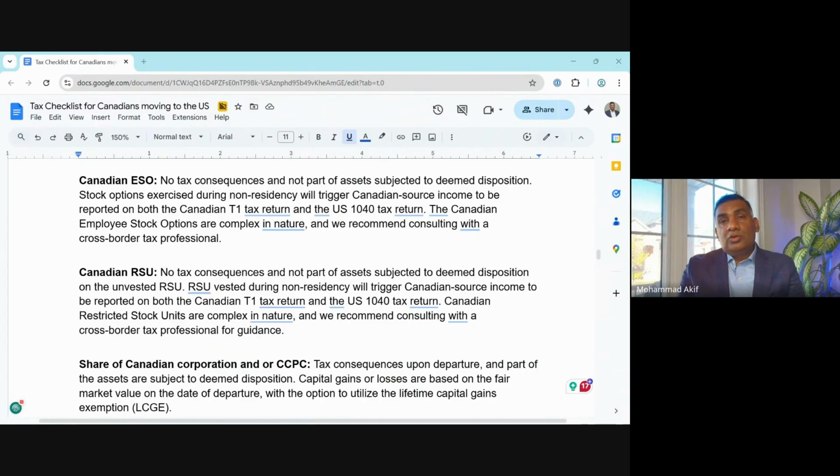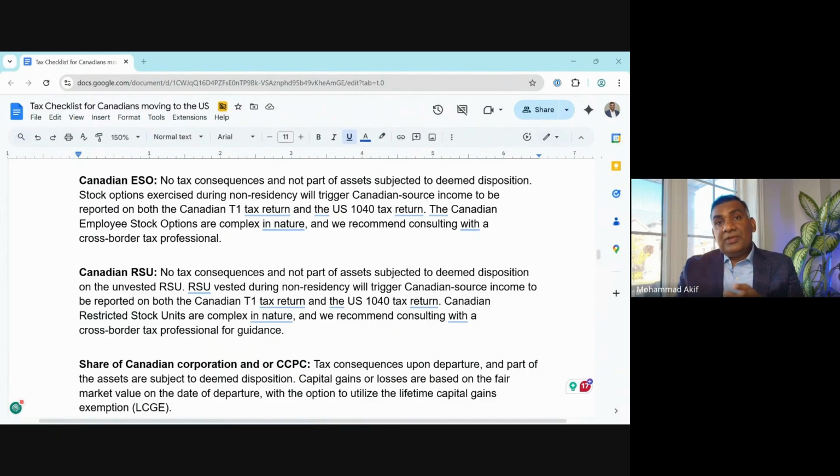When they get vested, there will be a trigger of reporting on the Canadian side, and you will get a T4. This is important. You will get a T4 for the restricted stock units when they get vested.